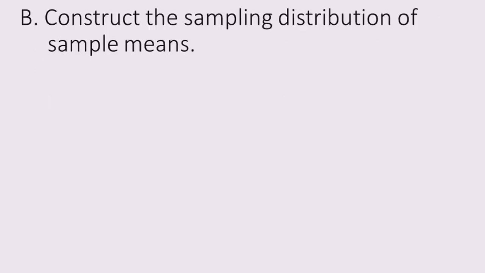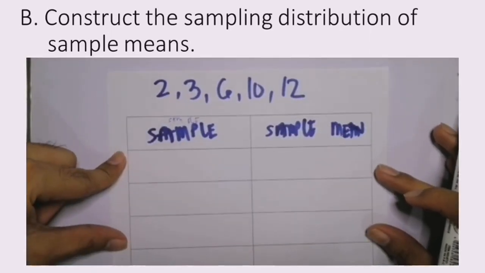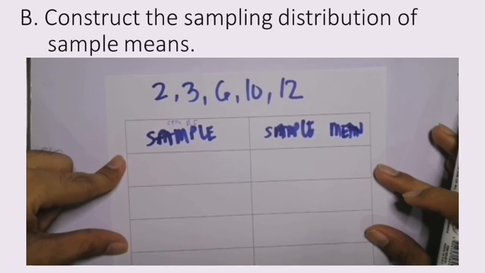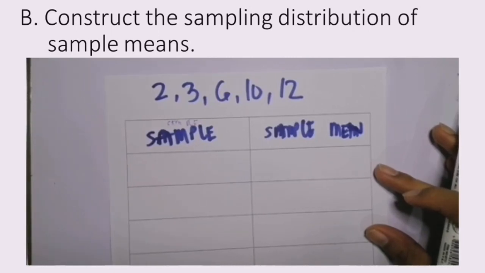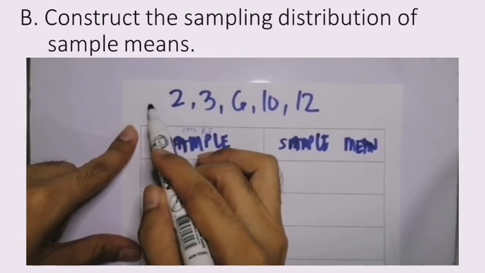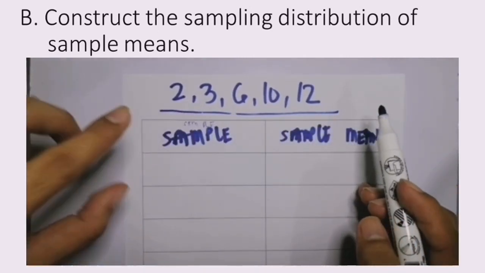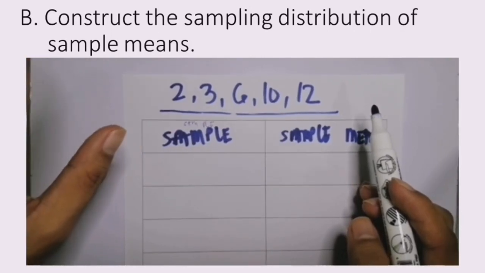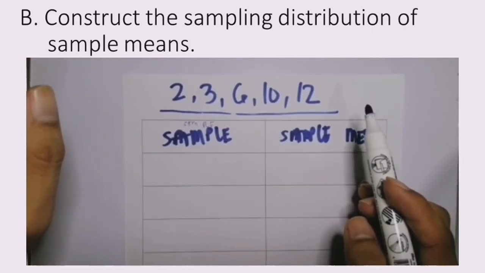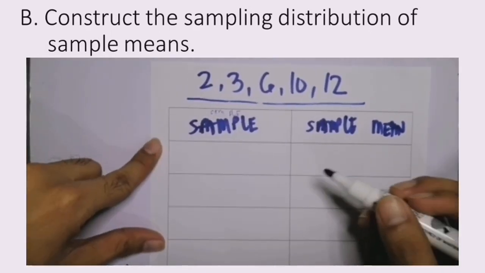Letter B. Construct the sampling distribution of sample means. So list all the possible outcomes and get the mean of every sample. So atong basihan is kani sila nga 5 ka numbers. Unsa di ba giingon dito nga taken 2. Ang sample dito kay sa base sa problem ang nakabutang nga samples kay size 2 man, so tagduha. So atong i-pares-pares.